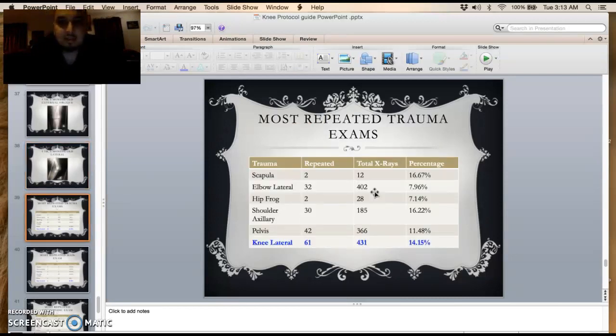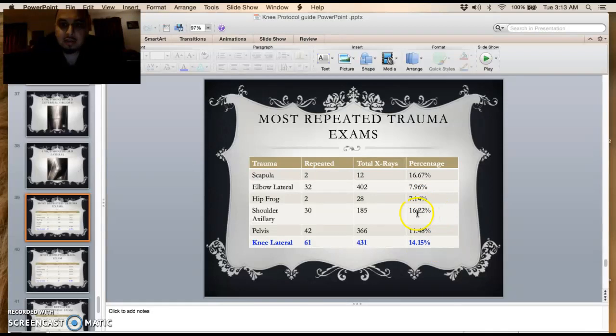So now this is just a little more data of repeated trauma exams that we have, and you can see the knee lateral is much higher at 61 repeated on trauma, and much more done at 431, and the percentage of repeat was at 14.15.